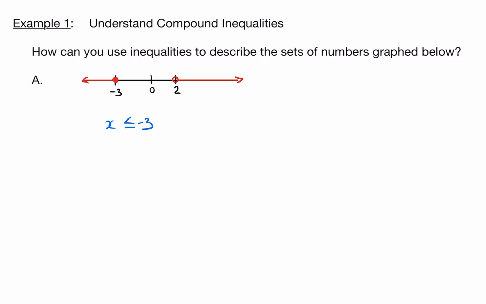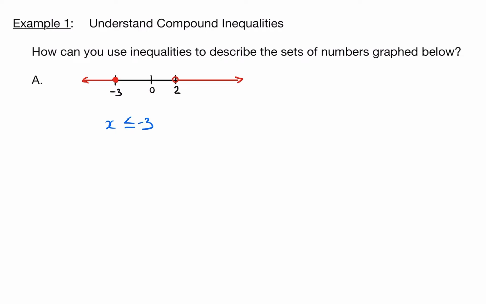That means -3 is included in the solution, -4 is included, -5, -6.8, -9, -24/5 is included. So anything less than or equal to -3.